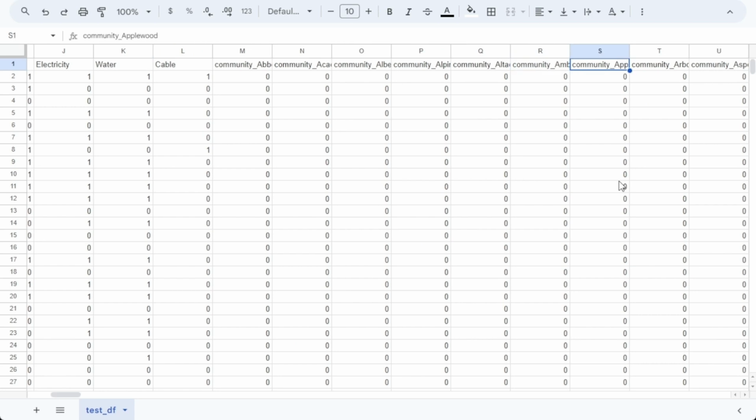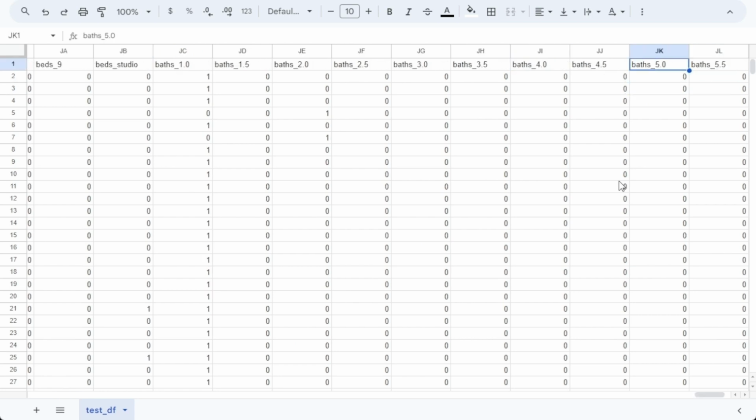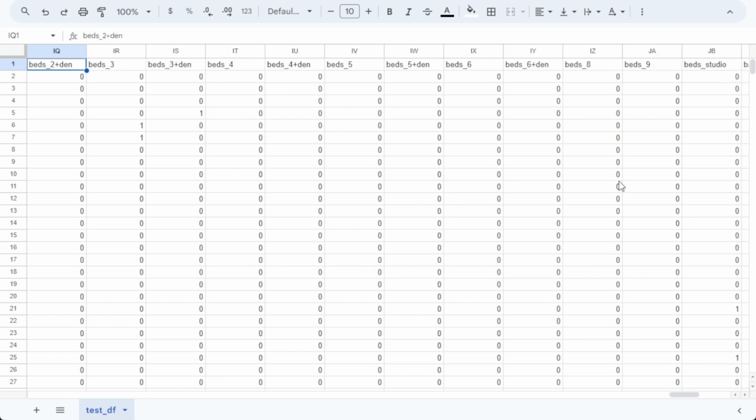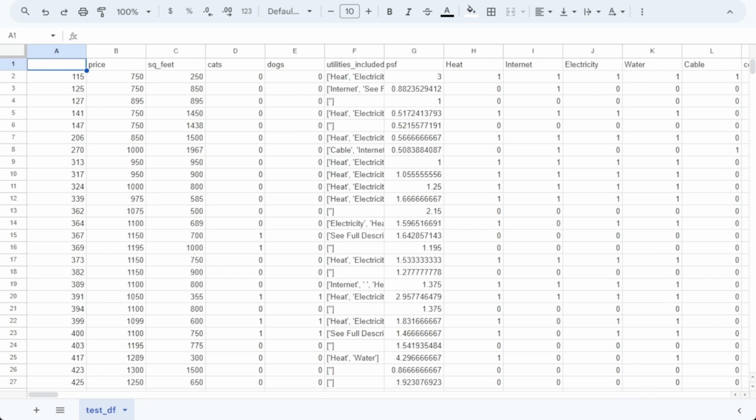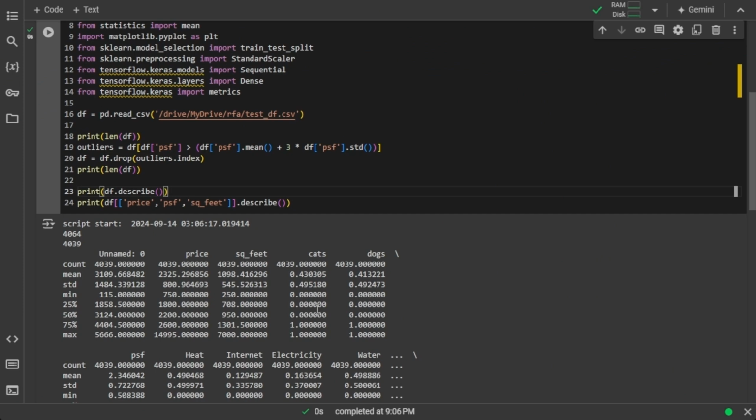As you can see, we've got communities and we've got them all binary coded. We have bathrooms, we've got bedrooms plus den. We've got, again, townhouse, main floor of houses, duplex, condo, basement, apartment, and just a whole ton of communities. So that is what we're working with.